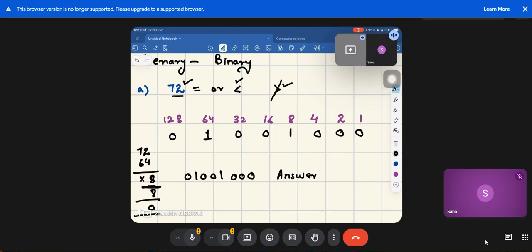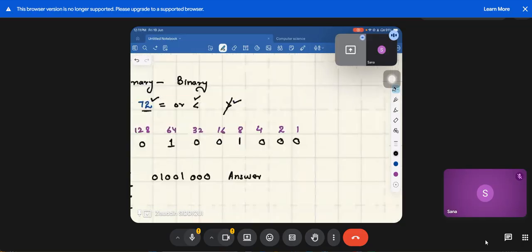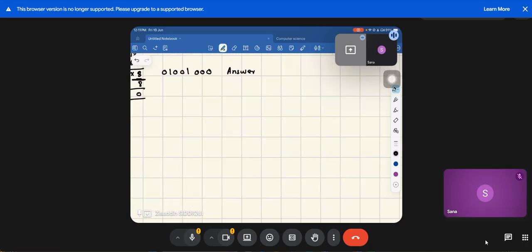And this is method 1 of converting from denary to binary. Now we are going to see the second method. In the examination, you can choose either one method to solve it, unless it is mentioned that you are supposed to do both methods.